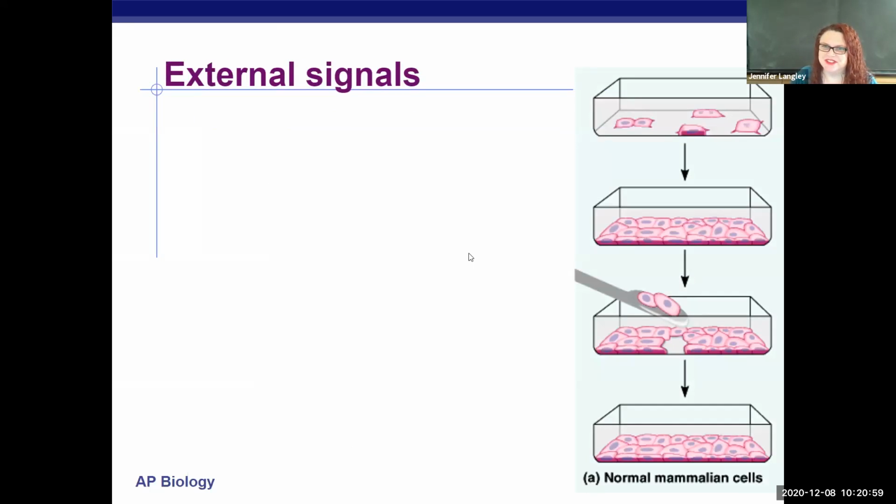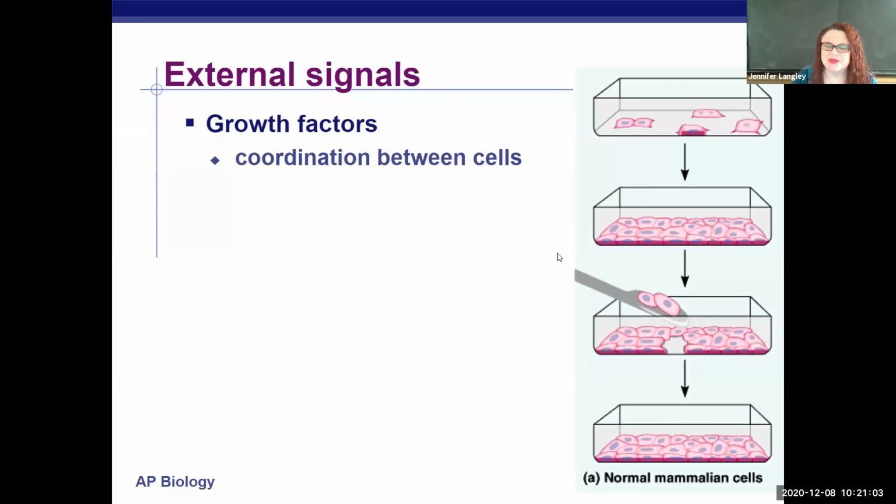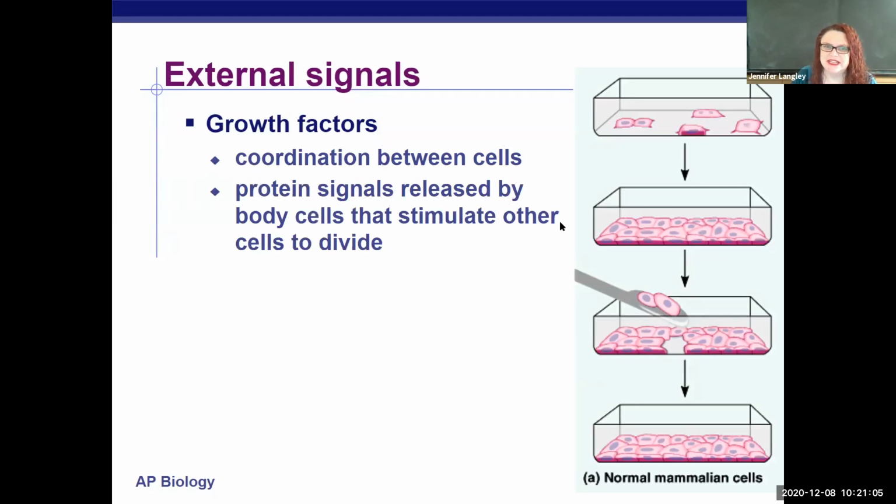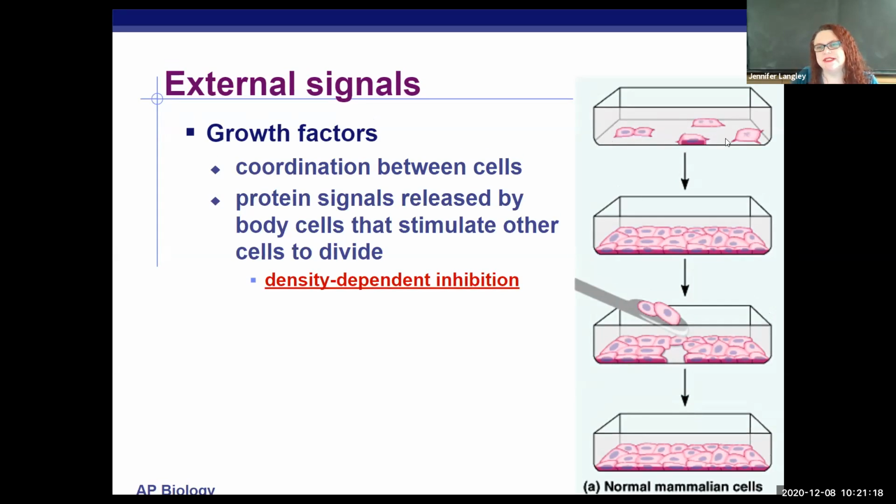Now, external signals. Again, growth factors. This is coordination between cells. Protein signals are released by the body cells that stimulate other cells to divide. And we have something called density-dependent inhibition. So we can get growth factors to these cells. And because they're not surrounded on all sides by cells, they'll go ahead and divide.